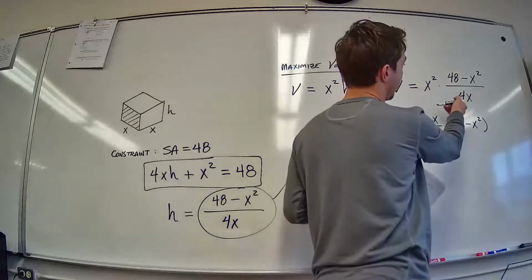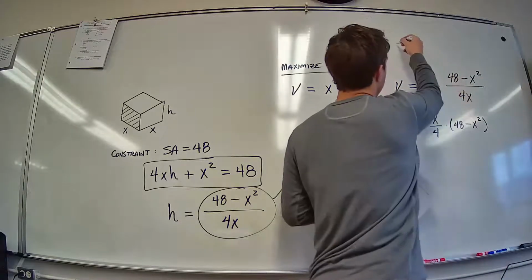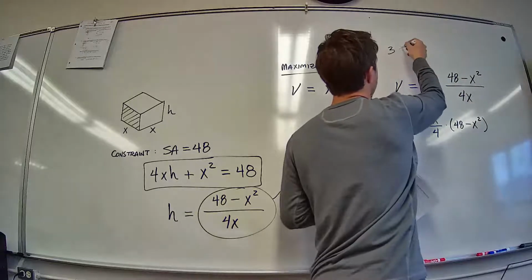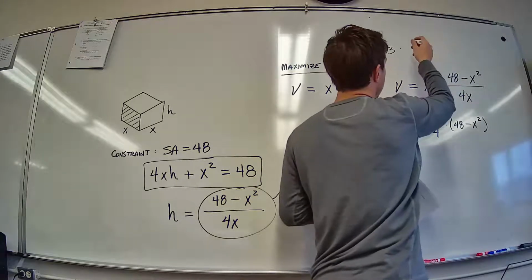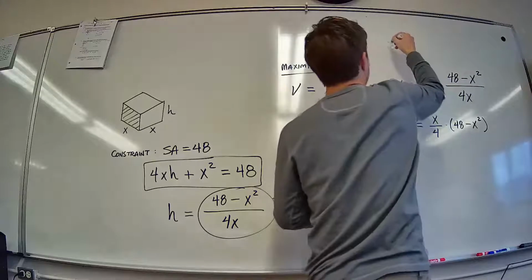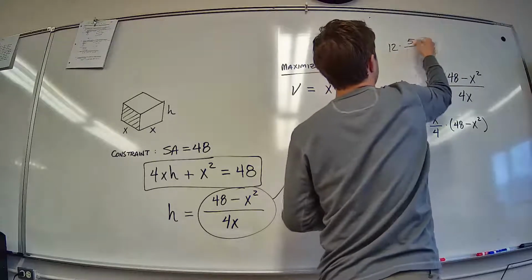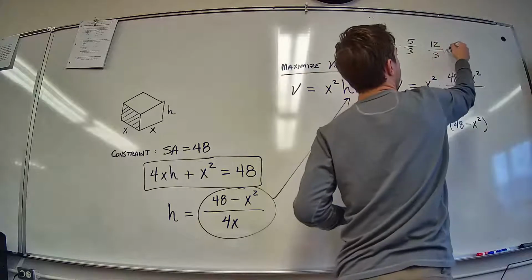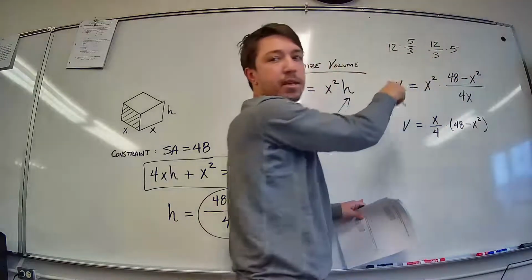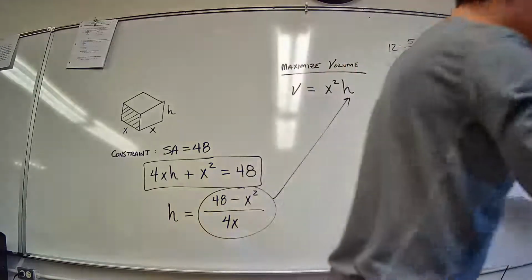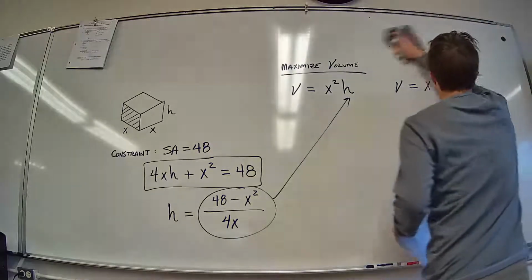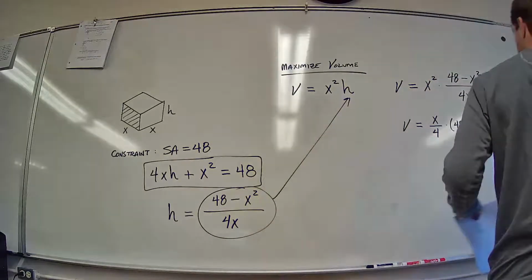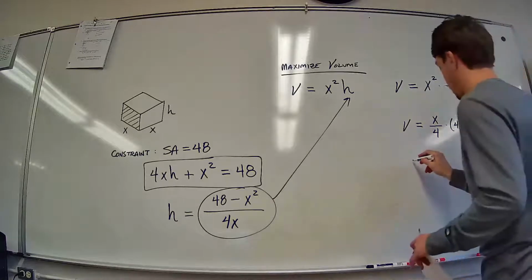It's kind of like if I had 12 times 5 over 3. I might rethink that as 12 over 3 times 5. That's basically what I did there.